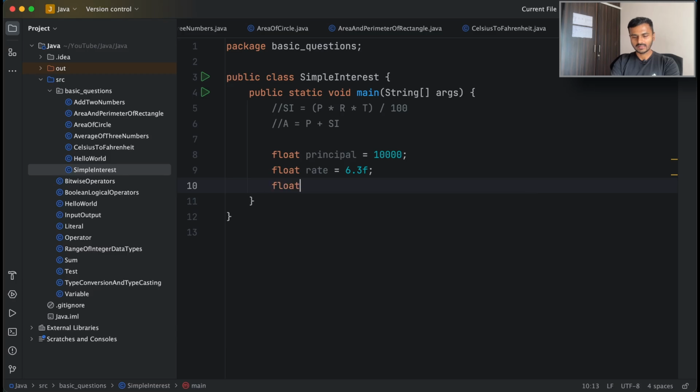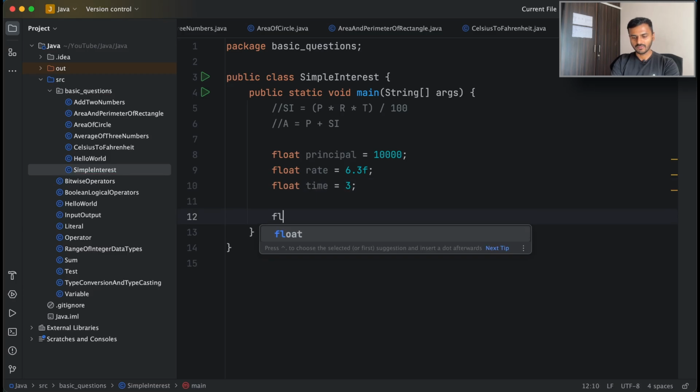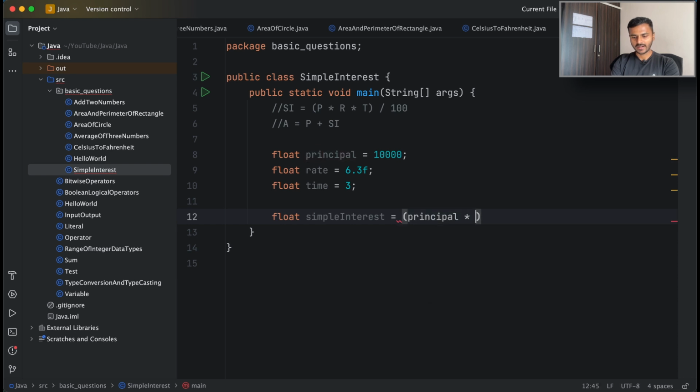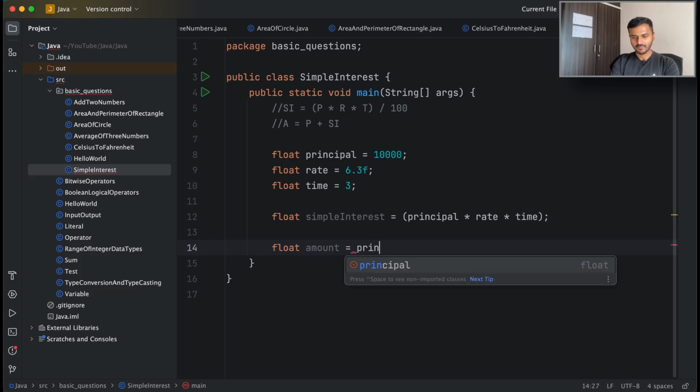And then time is, let's say, 3 years. So what we need to do first of all is find the simple interest. And the simple interest would be principal multiplied with rate multiplied with time, and then to find the amount, we'll say principal plus simple interest.